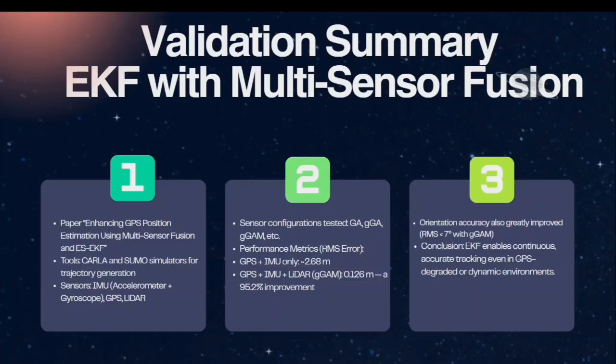But using GPS, IMU and LiDAR, this combination of three types of sensors shows around 0.126 meter RMS error, which is a 95.2% improvement. As a conclusion, EKF enables continuous accurate tracking even in GPS-degraded or dynamic environments.